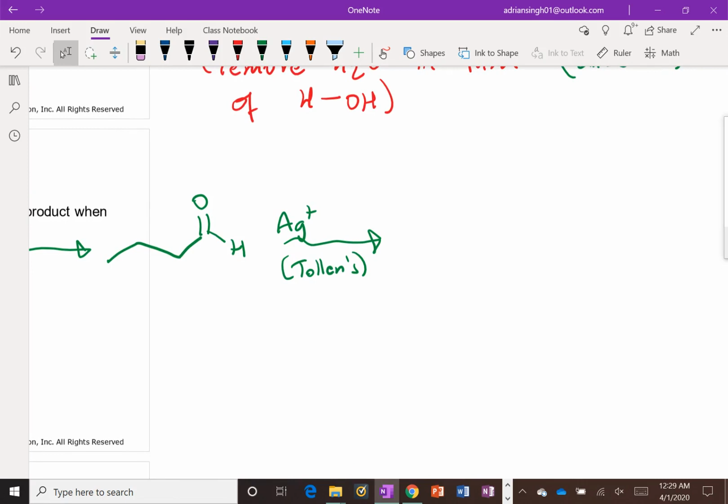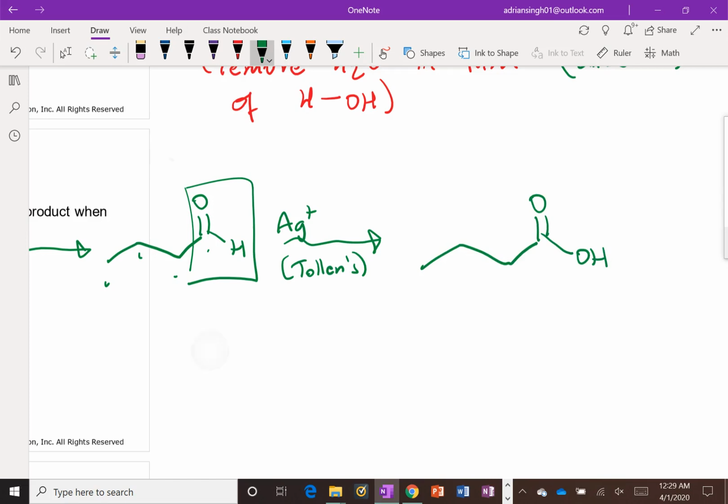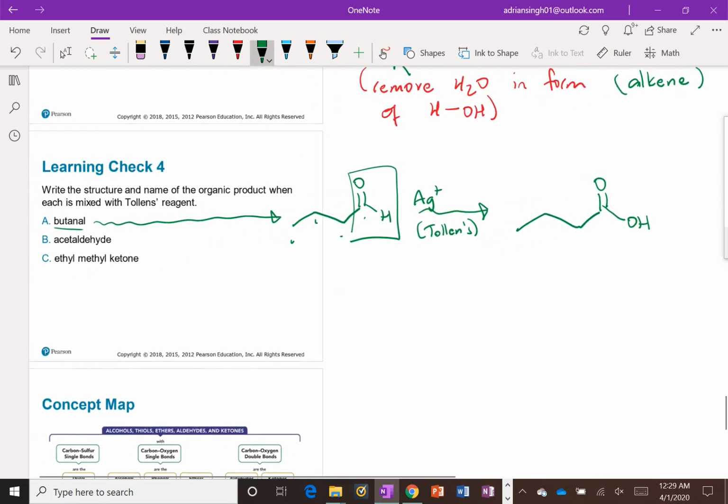And what that does is it oxidizes the aldehyde group. So this here is going to be oxidized to a carboxylic acid. We're still going to have 1, 2, 3, 4 carbons. We're simply going to change that aldehyde to the corresponding carboxylic acid.